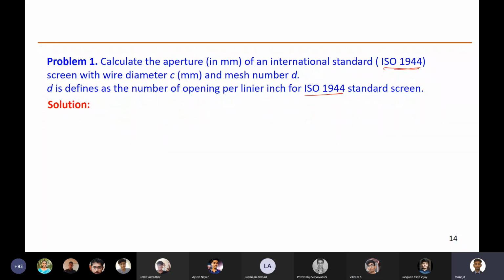See the definition. The way that the aperture is defined, D is defined as the number of openings per linear inch. So whatever be the ISO number or whatever be the standard number, we don't have to bother about it. It's the definition. The way it is defined, that is given here. And this is the international way of defining the mesh number. Right. Okay, so how will you proceed?